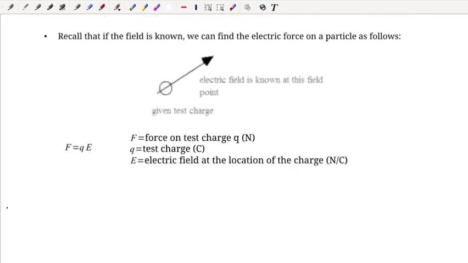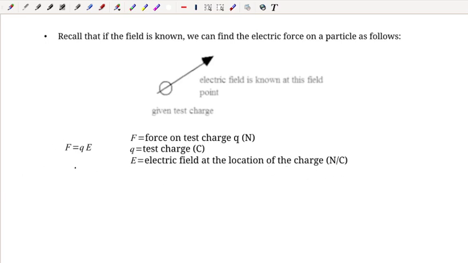Recall that if a field is known, in other words, we know how big the electric field is, we can find the electric force on a particle as follows. I've got F equals Q times E, where F is the force on a test charge Q, Q is the test charge in coulombs, and E is the electric field at the location of the charge.